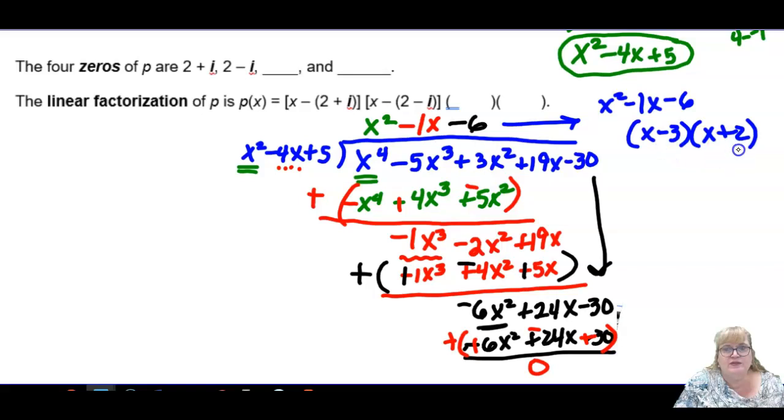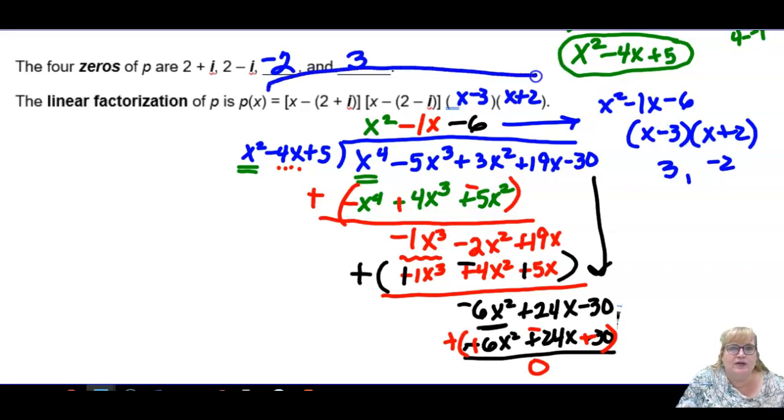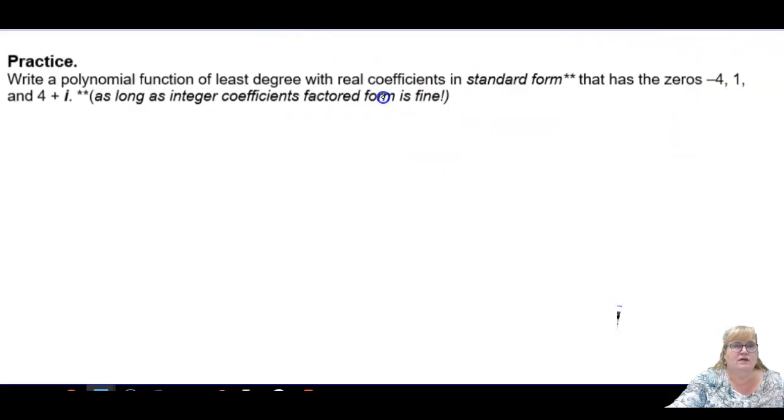So the two remaining zeros have to be at negative 2 and positive 3, or the two remaining factors are x minus 3 and x plus 2, as I wrote right here. Now, I am going to say you can stop right here. Those are the linear factors, okay? That's what they wanted. You're going to be able to stop right there. You don't need to distribute the negative even over here on these and rewrite this. I'm good with this.